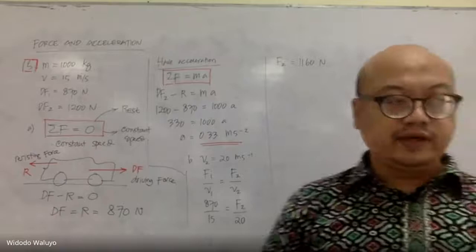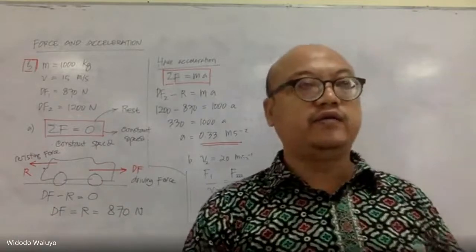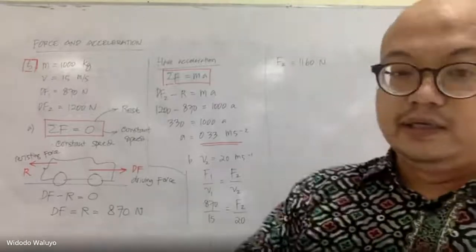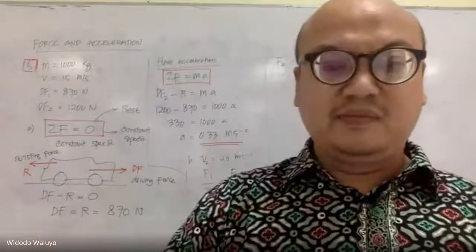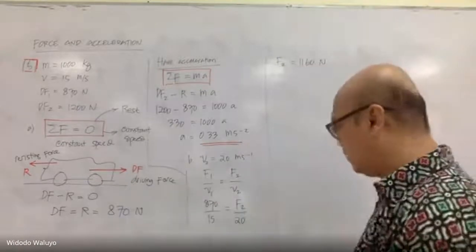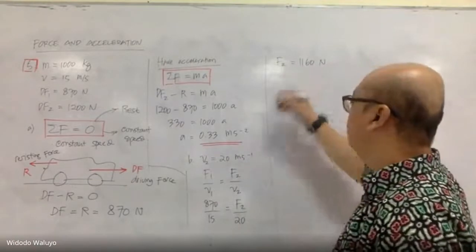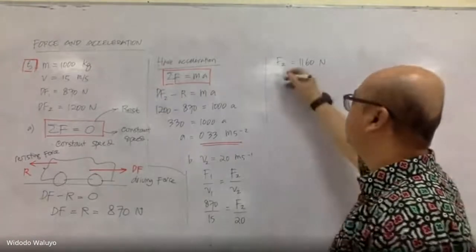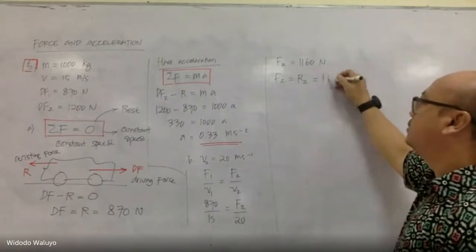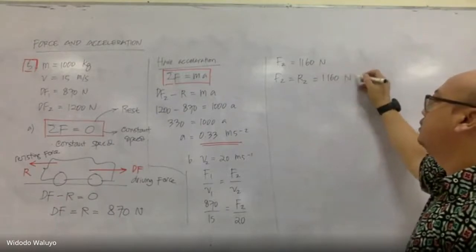We have F2 as 1160 Newton. Actually, this is the resisting force, so we can say F2 is the resisting force of 2, 1160 Newton.